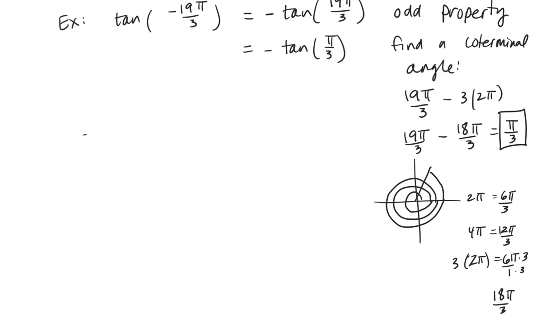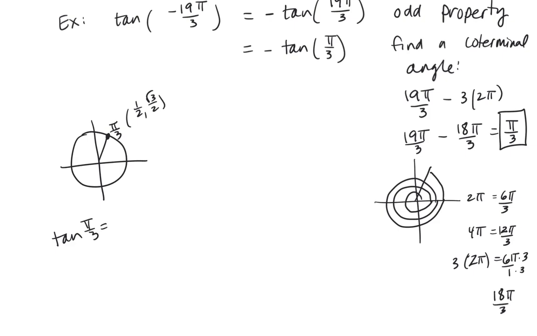Okay, and then we pull out our unit circle. We think about that angle pi over 3. That has an x value of positive 1/2, a y value of square root of 3 over 2, and tangent is y over x, so square root of 3 over 2 over 1/2.